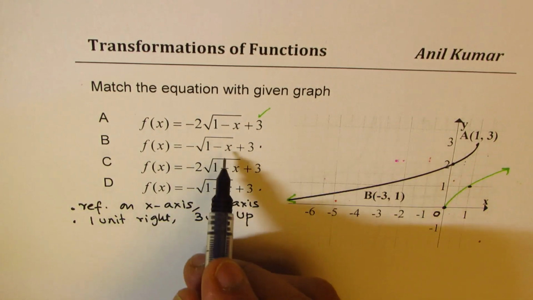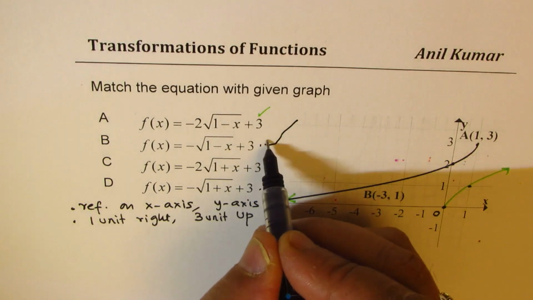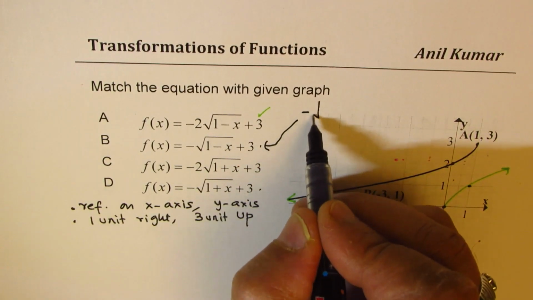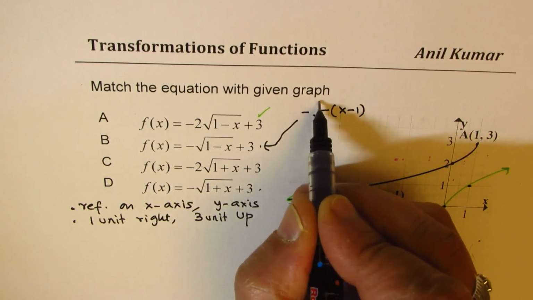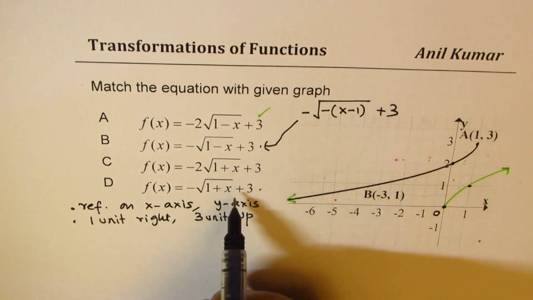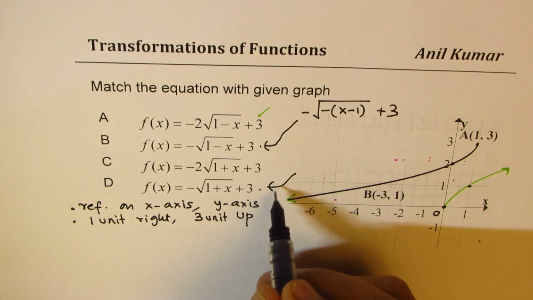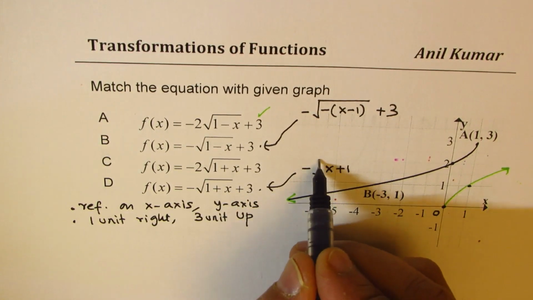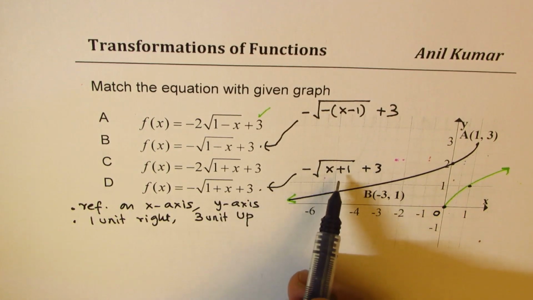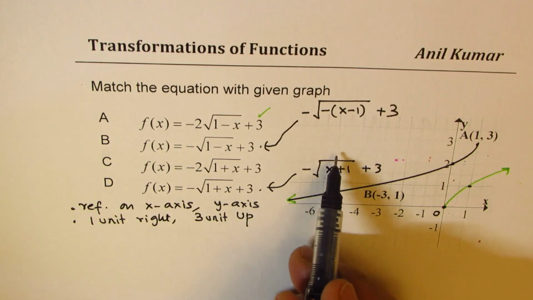Now let's try to write in factored form. This one. We get minus square root, so this is minus x minus 1. Do you see that? Plus 3. The other equation here is minus square root x plus 1 plus 3. Now this means reflection to left.